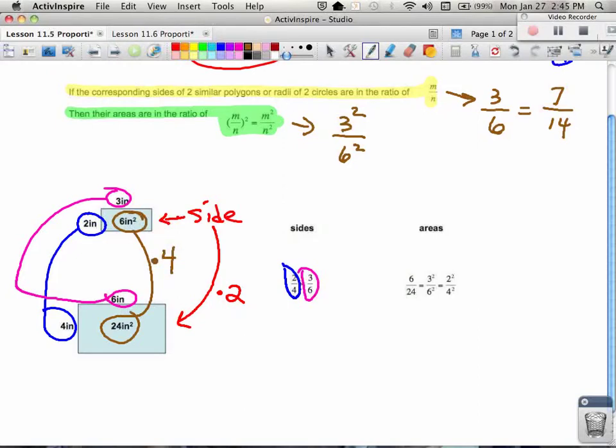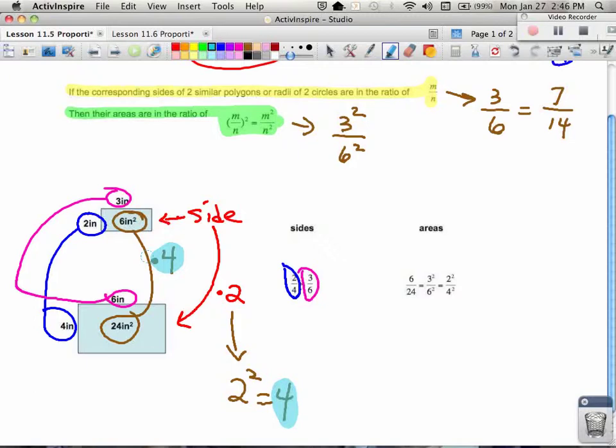Why? Because area is length squared. So if I were to take this 2 and square it, that's how I would get 4, which is the way that I would go from one area to another area. So the side length would be doubling, but the area would be squaring that number.